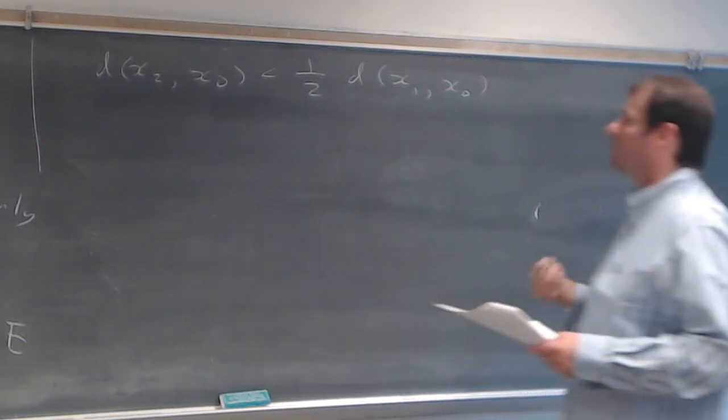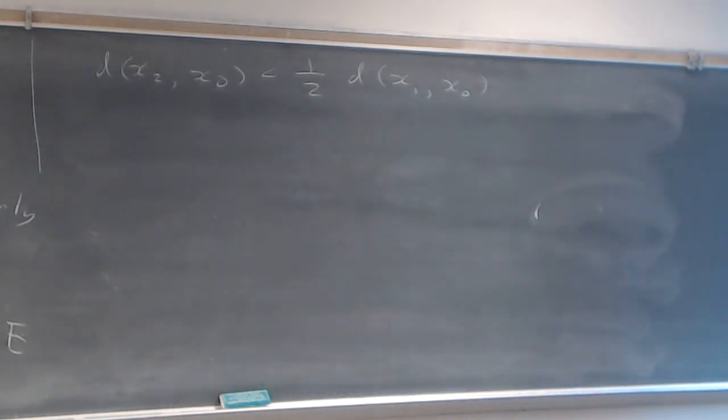How do I know that these x sub 1 and x sub 2 exist in E? It's based on x sub 0 being a limit point of E. All right.